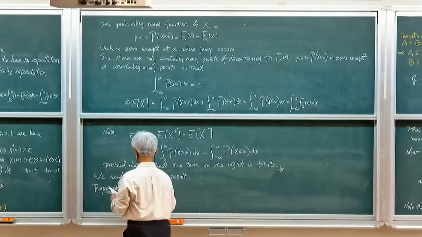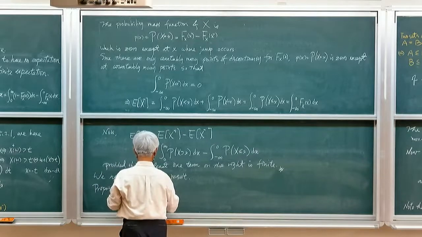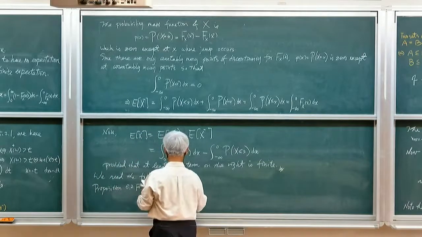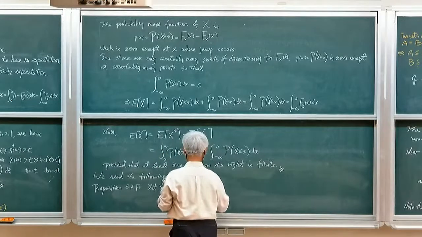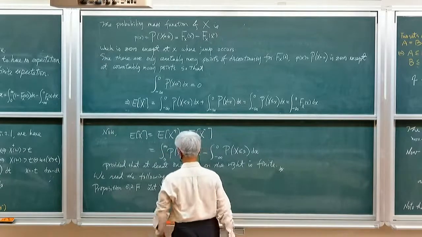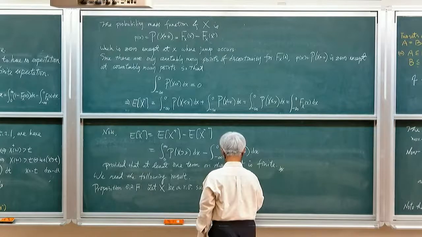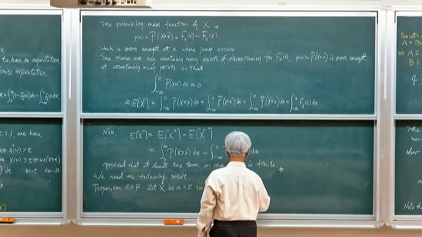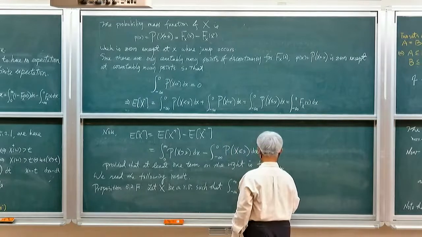says that, let X be a random variable such that the improper Riemann-Stieltjes integral is finite.